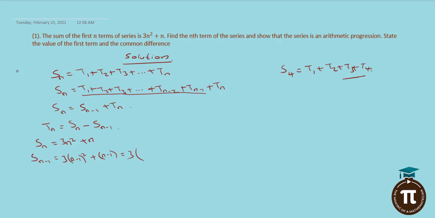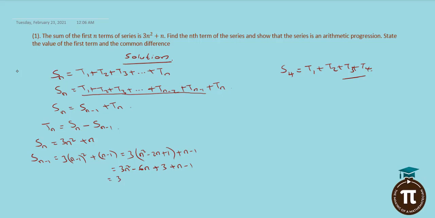When you expand, you have n squared minus 2n plus 1, then I have plus n minus 1. By the time you open the brackets there, you have 3n squared minus 6n plus 3. That's what we have. Then plus n minus 1.